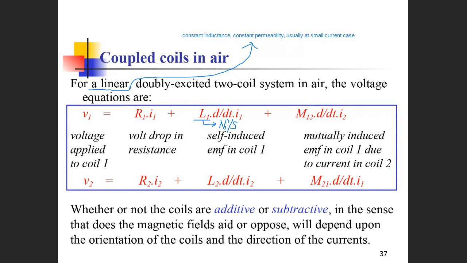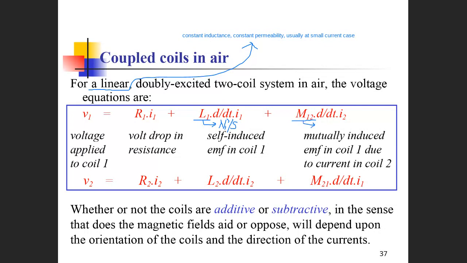Because the path is the same when these two coils couple together, the reluctance is the same. This is coil 1's current inducing voltage on coil 1 itself. Here is coil 2's flux coming to coil 1 that induces the voltage on coil 1.